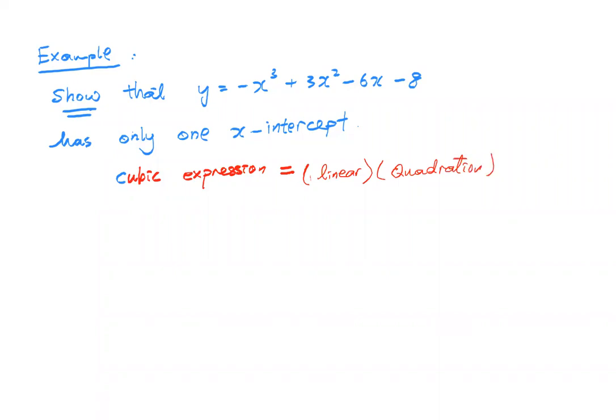So this quadratic will help us determine whether there is a solution or not, and we have to use what we just learned, b squared minus 4ac. So in order to answer this type of question, show that you have only 1 x-intercept, we have to write the cubic expression in the form of a linear and a quadratic.